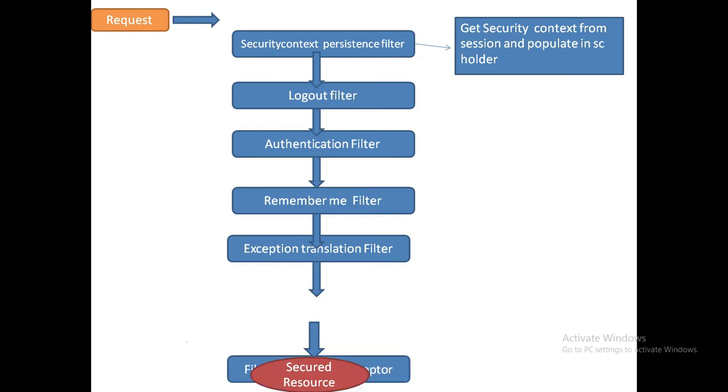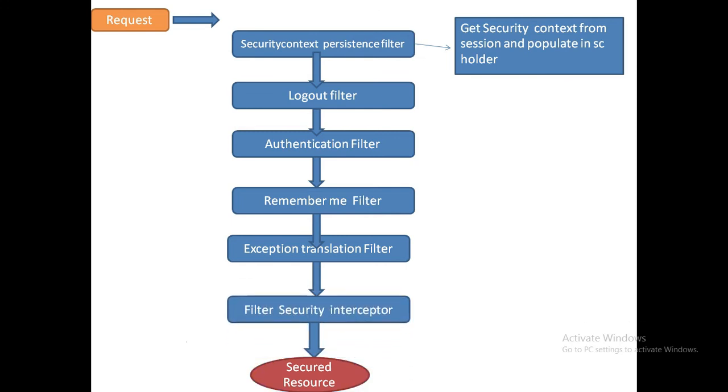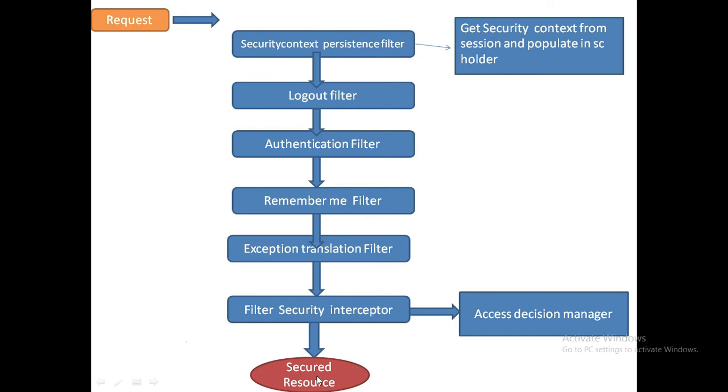It will go to the filter security interceptor, and from the interceptor it will go to the access decision manager. So the filter security interceptor here checks, oh, this request is trying to access this resource. This is the secured resource and this user is already logged in. But the thing is that this resource is only accessible to the user who has the authorization of super admin.